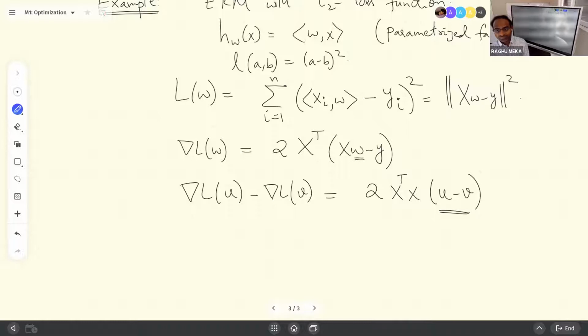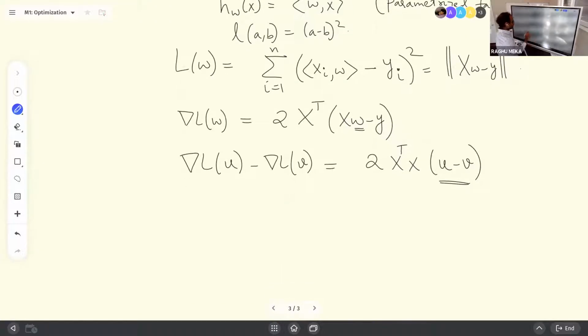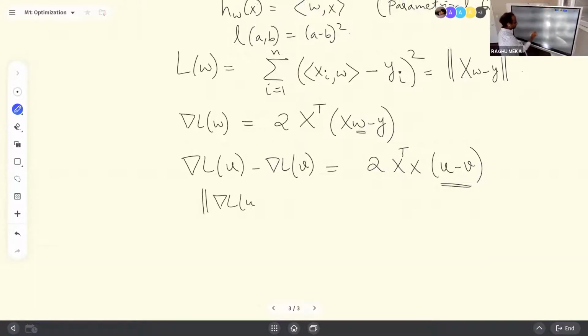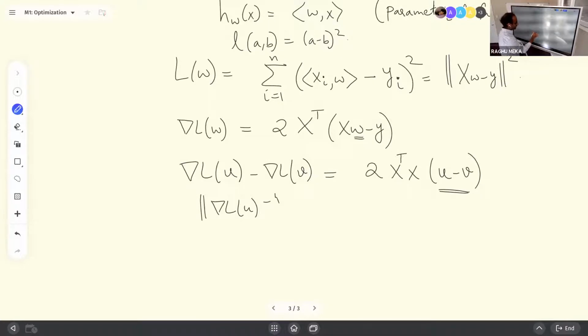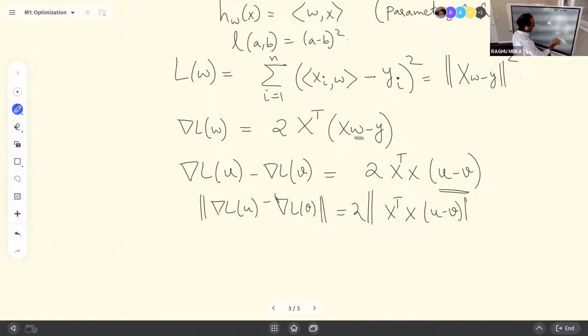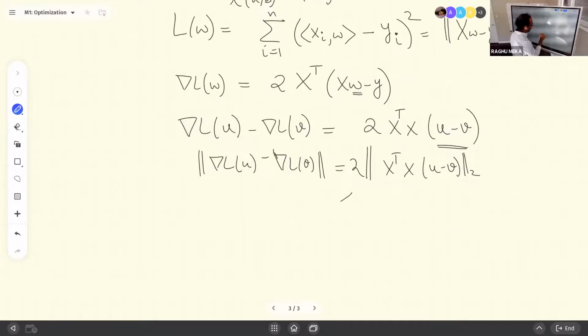And even though it's not important for what we're going to do in the next few lectures, if you know some linear algebra, you can bound this by the norm of this guy, and there's something called the spectral norm, and you get this.